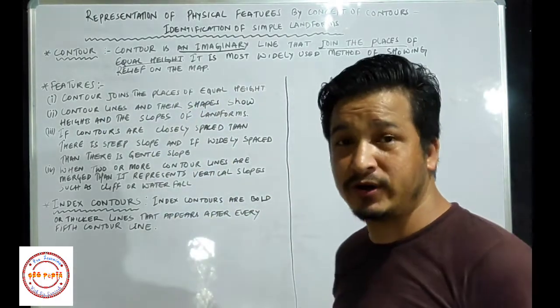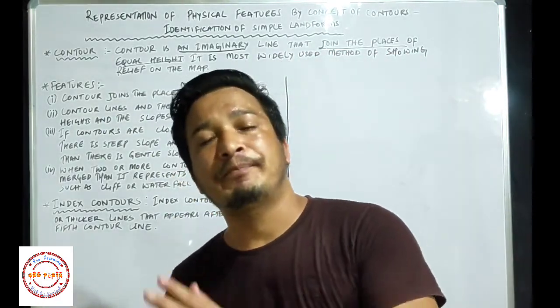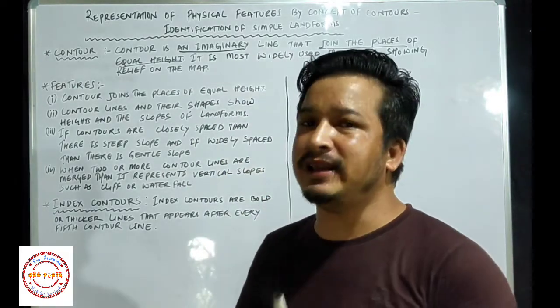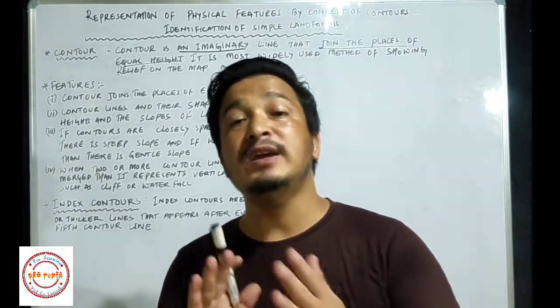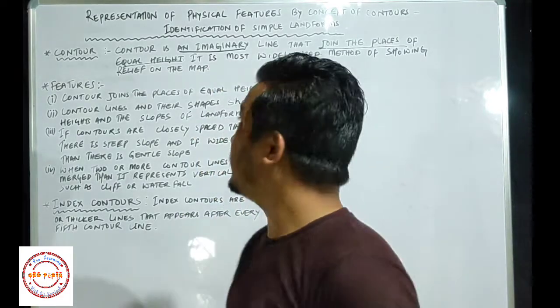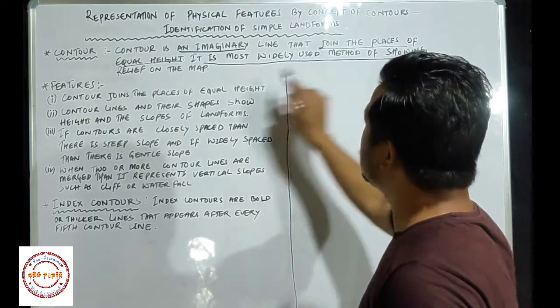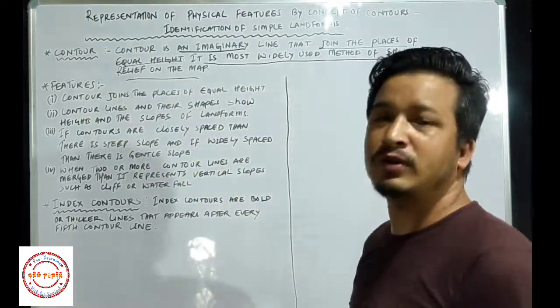This is a very important point. So contours are imaginary lines and they join the places of equal height, or you can say same height. It is the most widely used method of showing relief on the map.